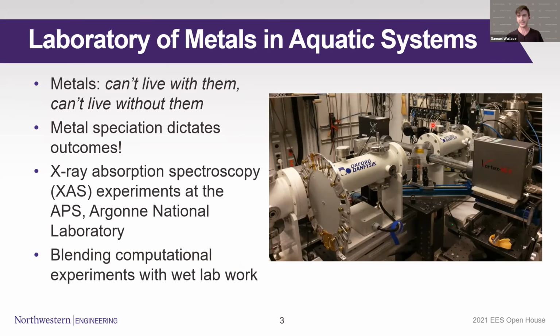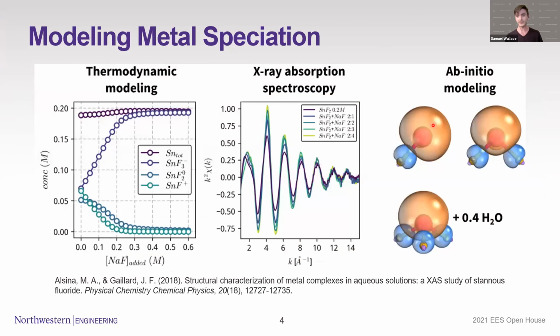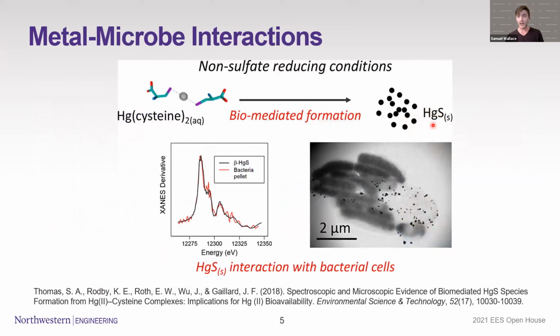And zooming out quickly here, I just want to go over some examples of the research that have been conducted in this lab. So this is an example of using XAS data to inform computational models of the structure of metals in solution. We've also got some work, really fundamental work, looking at the interaction between microbes and mercury, seeing how that affects bioavailability and fate.